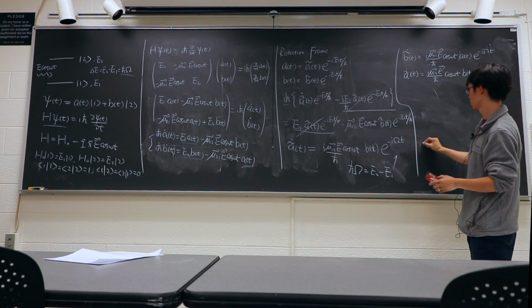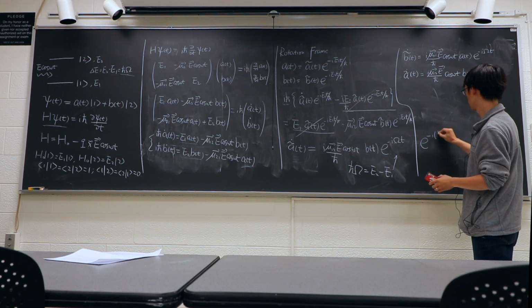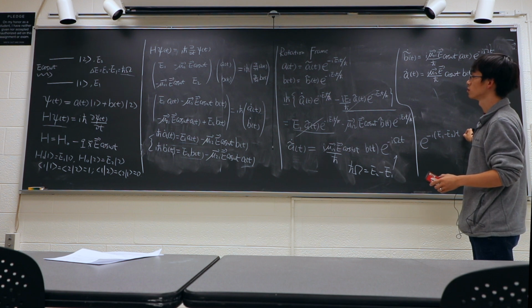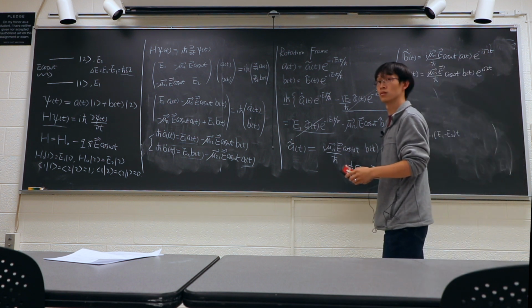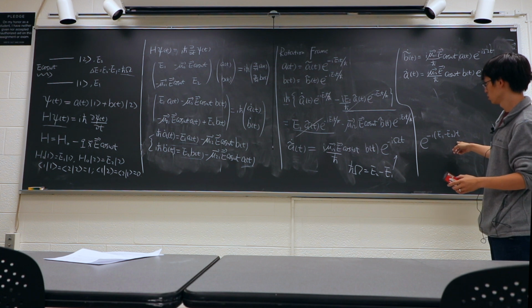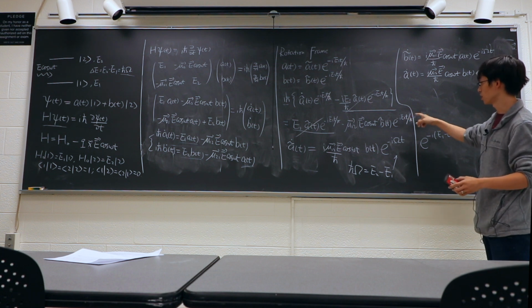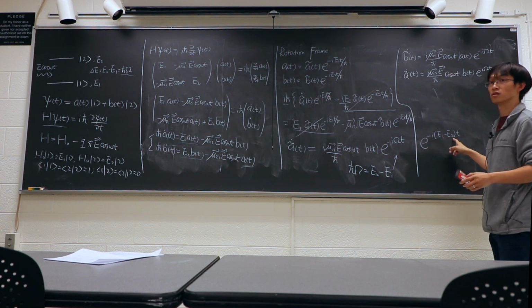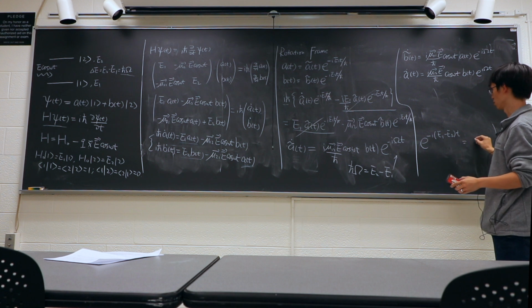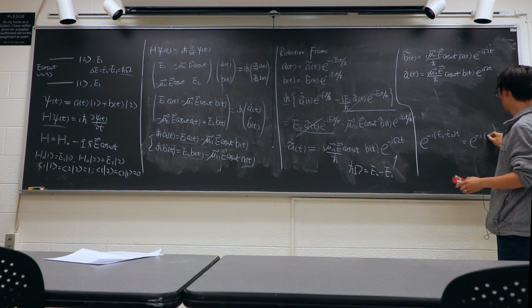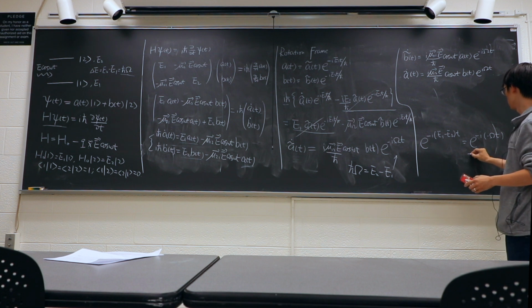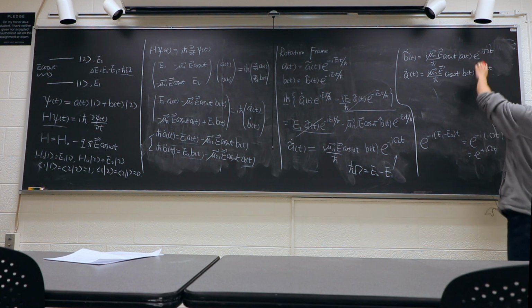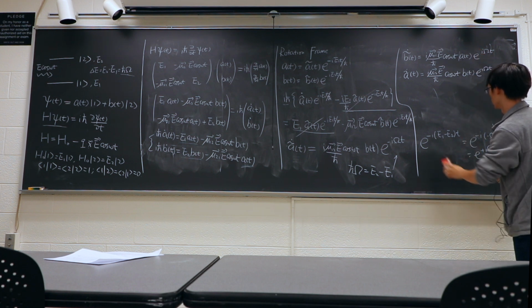Wait, no. Here you're doing E2 minus. So this one is E2 minus E1, right? Yes. And for the equation of B, it should be E1 minus E2, right? Yeah. So you get a plus sign, right? Yeah. Oh, okay, I see. Yeah. Got it reversed here. Okay.